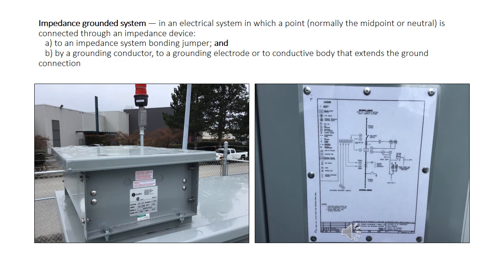The photo on the left is an impedance grounded system. In reality, this is a large resistor which dissipates heat when subjected to accidental fault currents. When a current reaches a predetermined value, the system will automatically shut down.